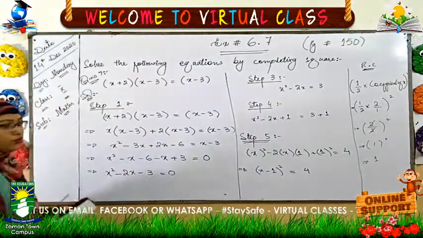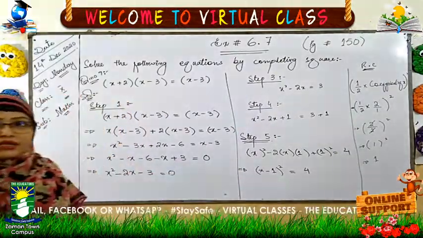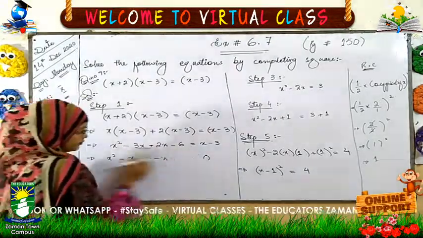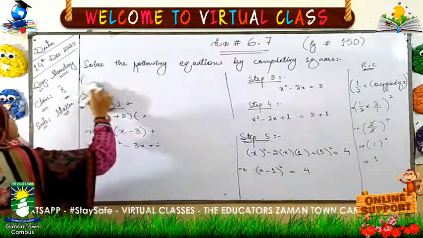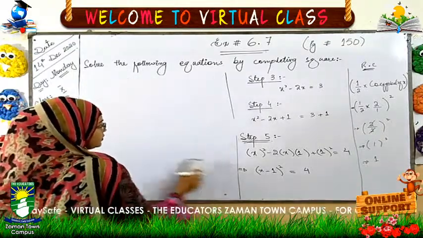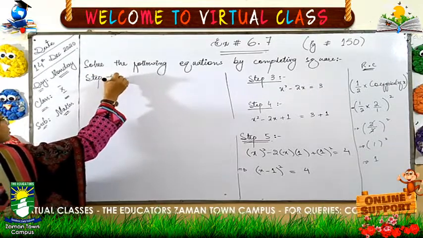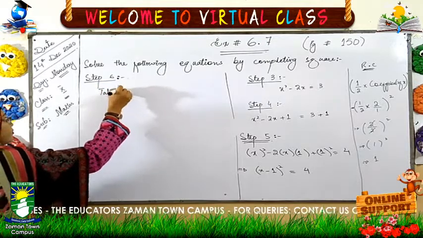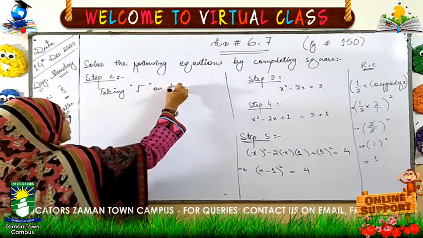Now what we have to do? We have to write down step number 6, in which we have to take the root of both sides of the equality. Okay. So step number 6, taking root on both sides.